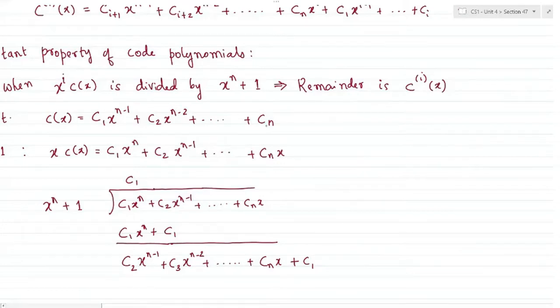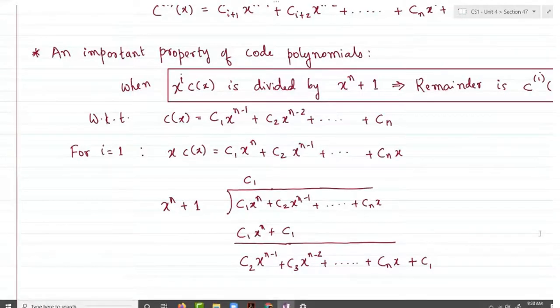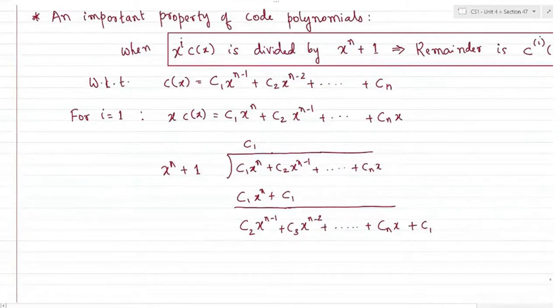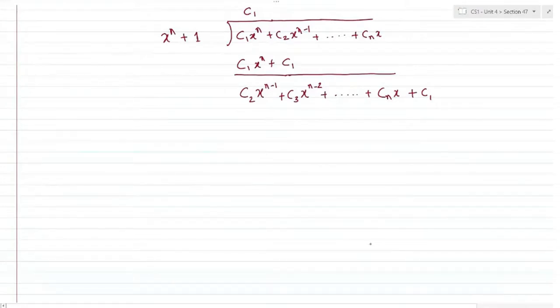So this would be one of the important properties of the code word moving ahead. This has to be noted down carefully, which is useful for us later.